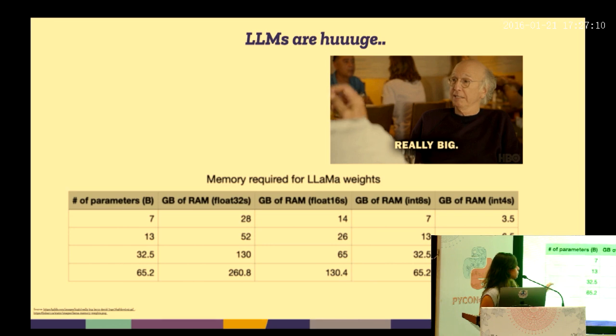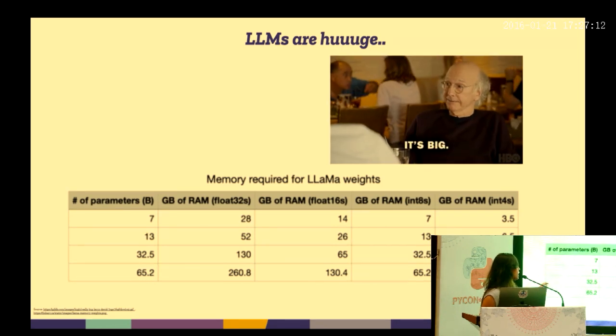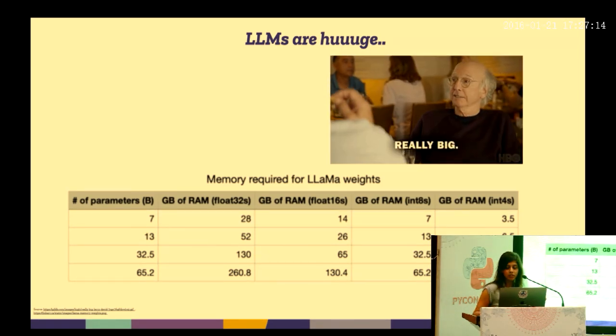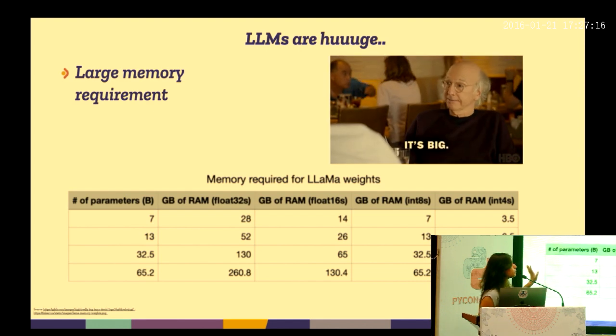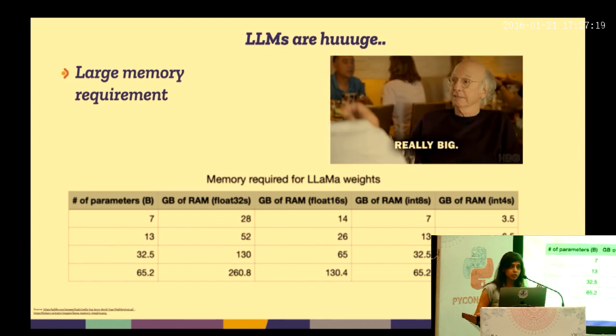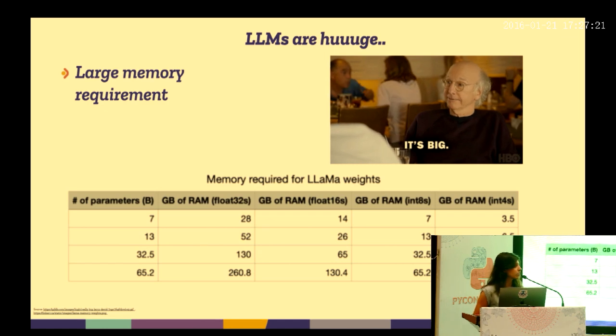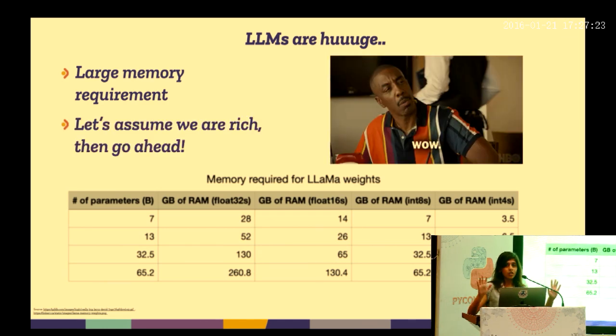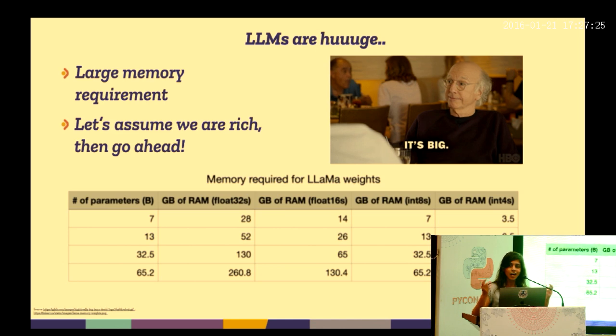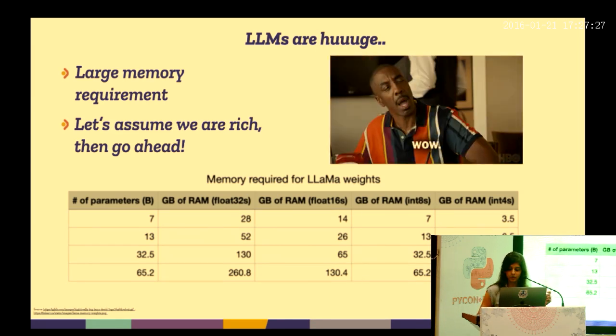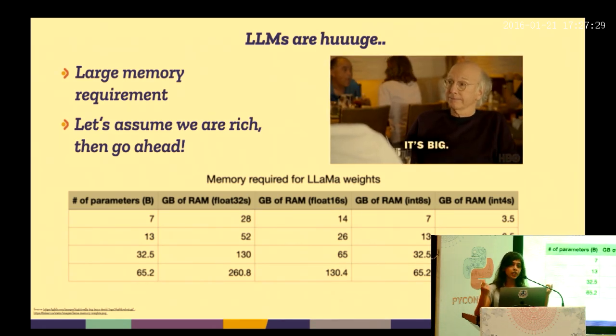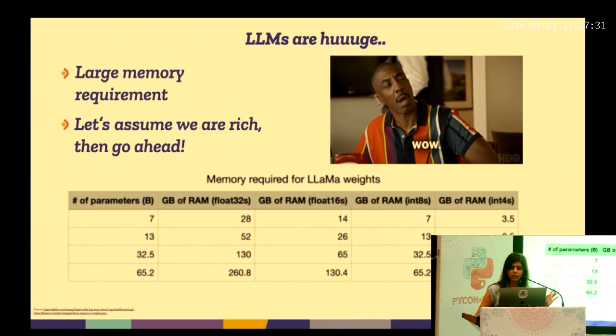As you can see from this chart, as the number of billion parameters increases, the memory requirements increase. They require a large amount of memory just to load it and make it work. Now, let's assume all of us are rich and have that much memory available in our pockets. Still, can we use these LLMs as they are for a particular business case?